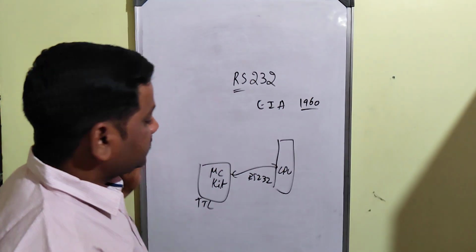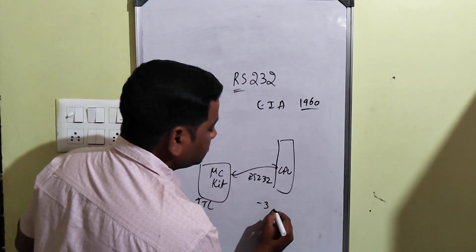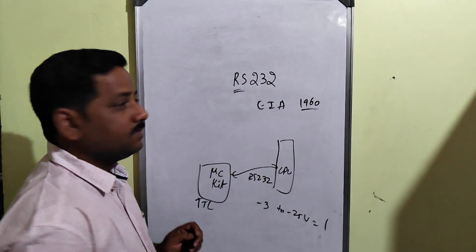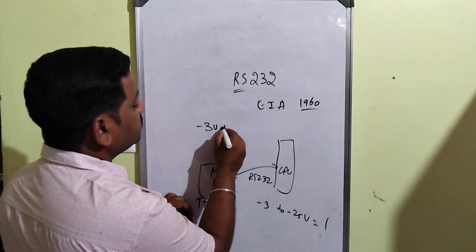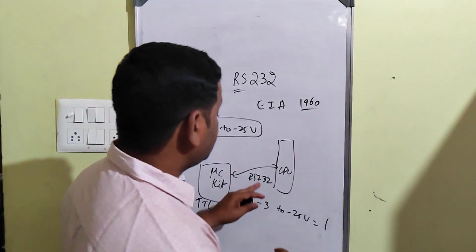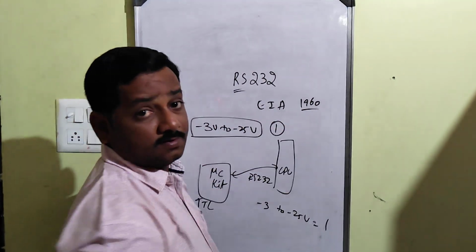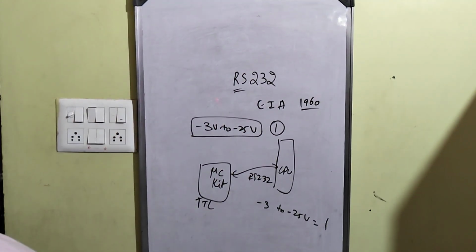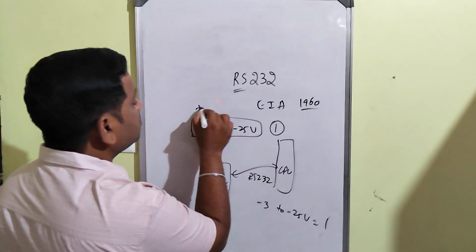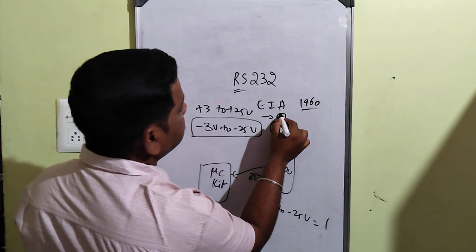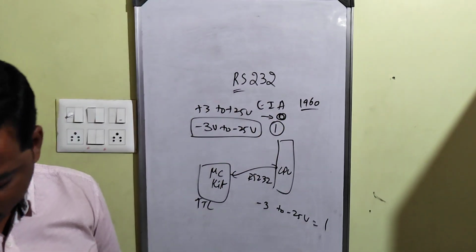RS-232 will consider -3 to -25 volts as bit number 1. If the voltage is in between this, then it is considered a high bit. That is the concept we have for RS-232. If it is +3 to +25 volts, then it is considered a 0, low.